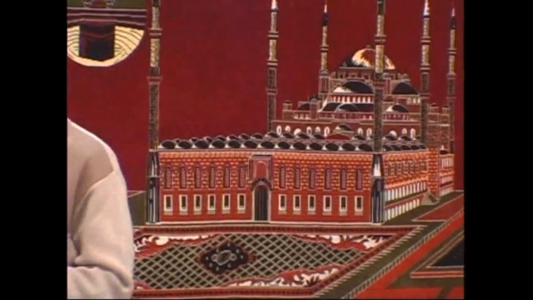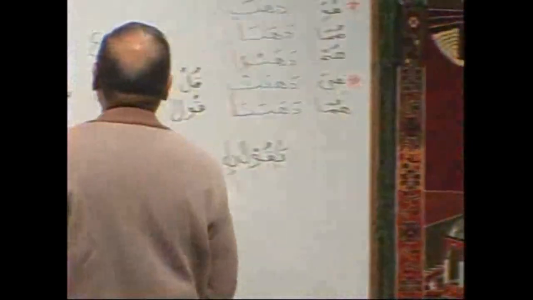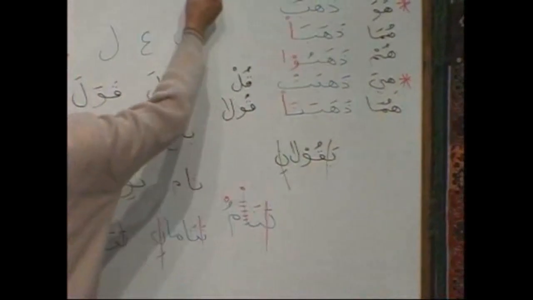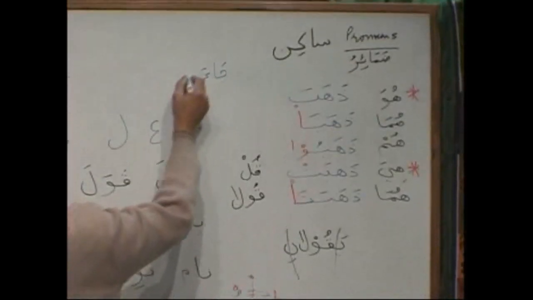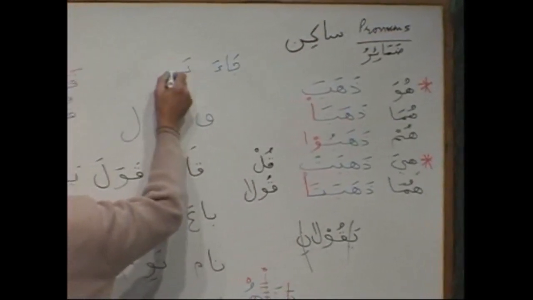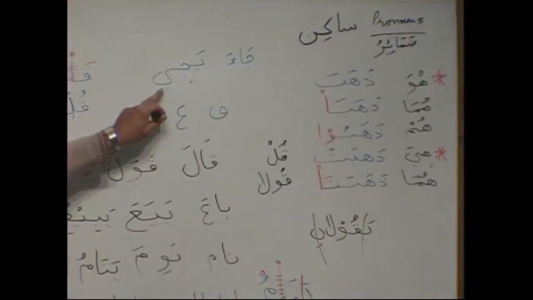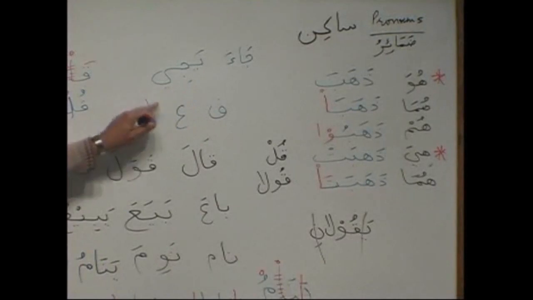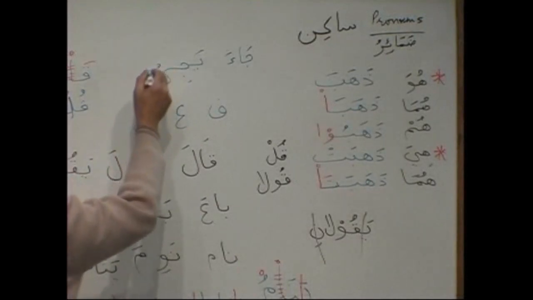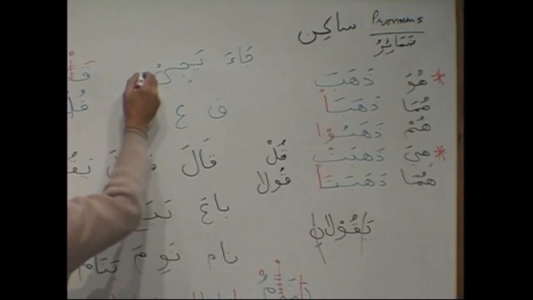Hamza has a spelling rule. So if I say ja'a, brothers and sisters, ya ji. Remember, it is ja'a, yaji. Yaji, then u will be written outside the ya.